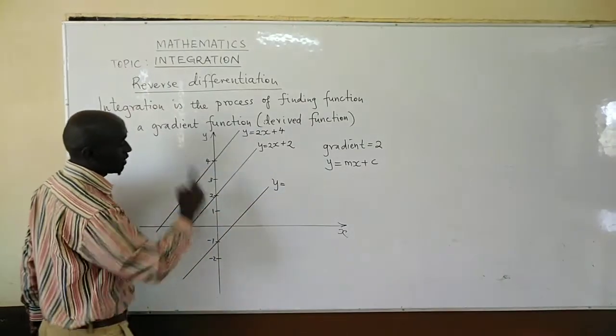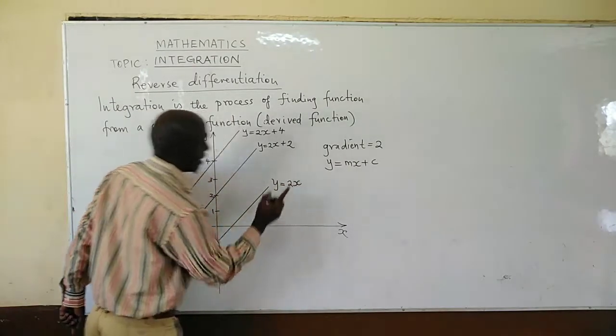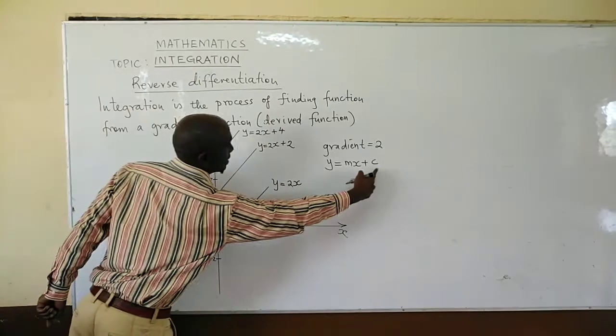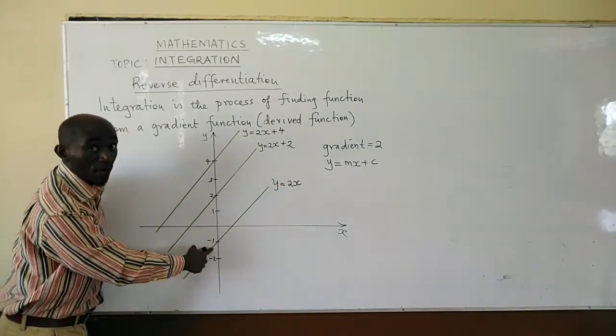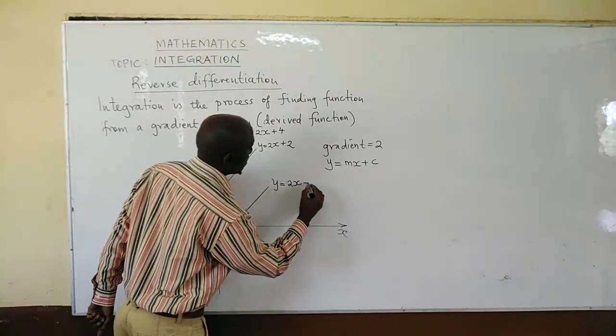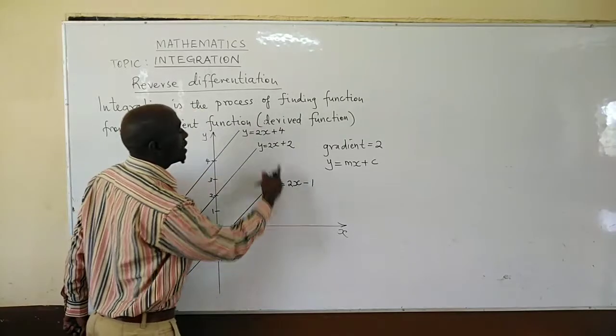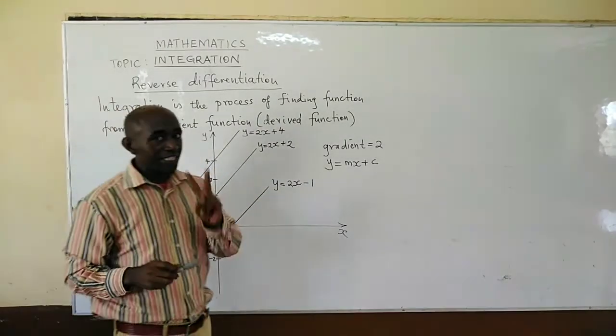The gradient for all three is 2, so 2x plus c. The y-intercept for this line is -1. Therefore, the equation of this line will be y is equal to 2x minus 1. So all these are equations of a line whose gradient is 2.